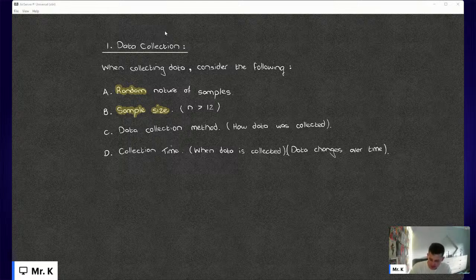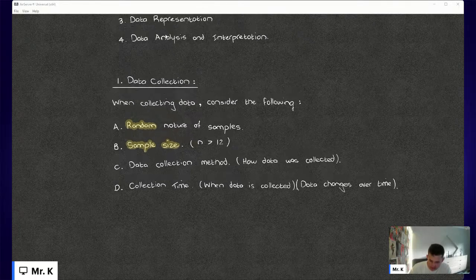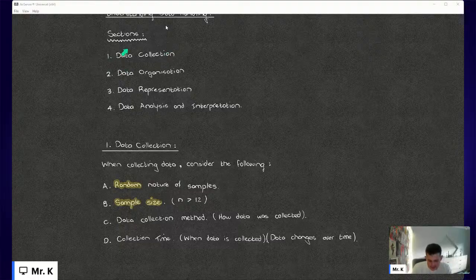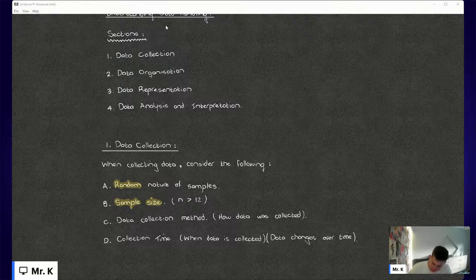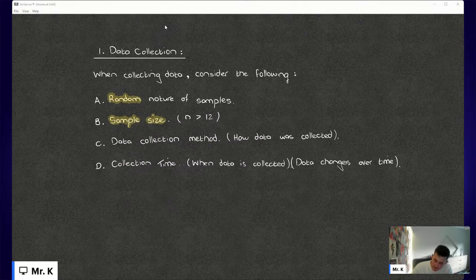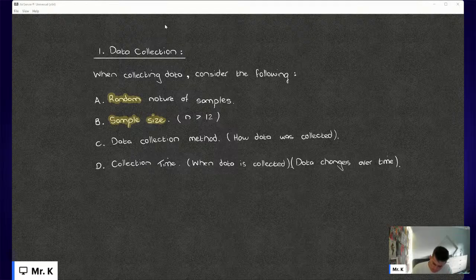Right. So if this is section one and we understand what we need to consider when we are collecting data, we also need to know one last thing. Let me just think.